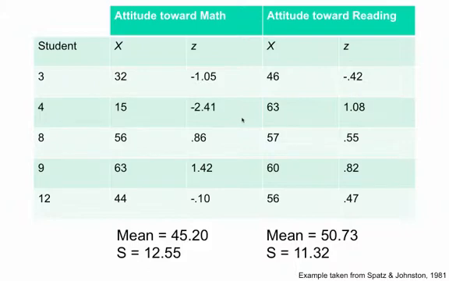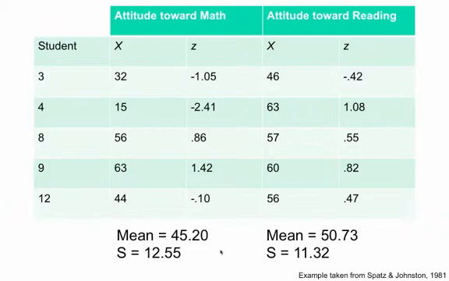Let's make some other comparisons. For example, student 9, who had the most positive attitude toward arithmetic with a z-score of 1.42, also had a positive attitude toward reading with a z-score of 0.82. On the other hand, the student with the most positive attitude toward reading, student 4, had a z-score of 1.08, but had the most negative attitude toward mathematics with a z-score of negative 2.41.